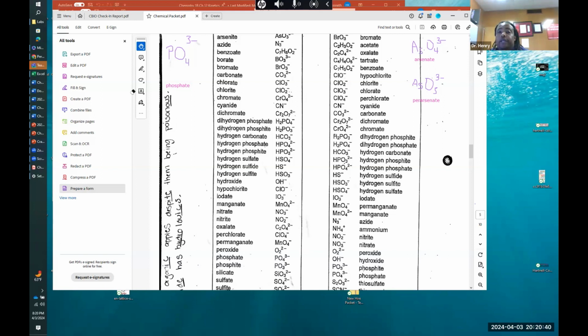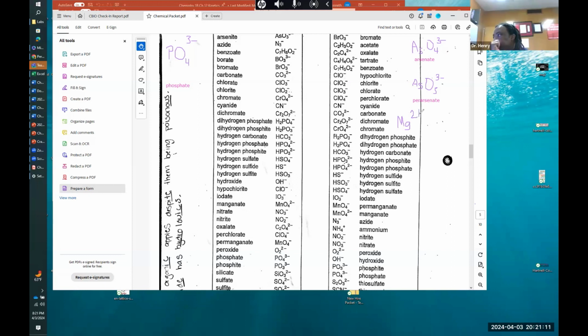Okay, so now how can we use these guys? We know that they're ions. We know that they're acting together. So let's say we're going to talk about that perarsenate. Let's say we have Mg, and we know that, what is the charge on Mg? 2 positive.